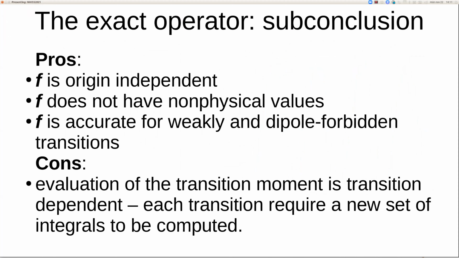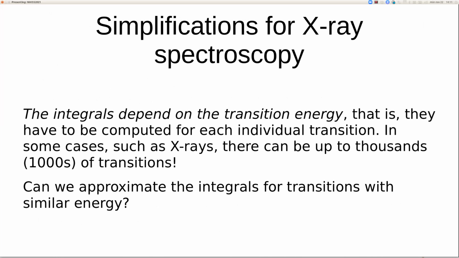So that gives us more information that we can reproduce from experiments. The bad thing is, for each transition, we will have to compute the integrals to evaluate the transition moment. And that might be a problem if there are tons and tons of transitions to compute.